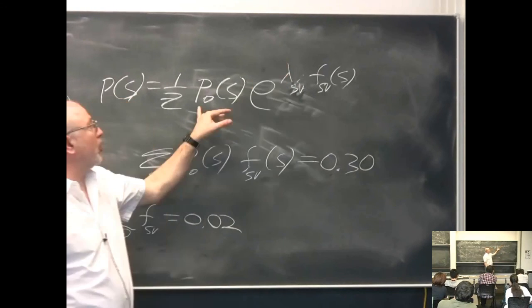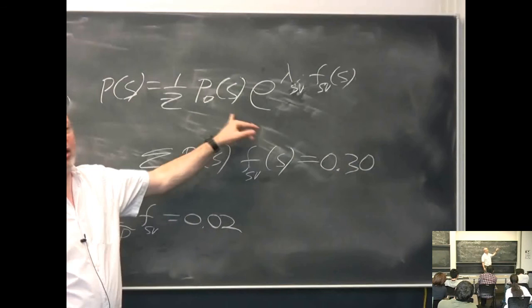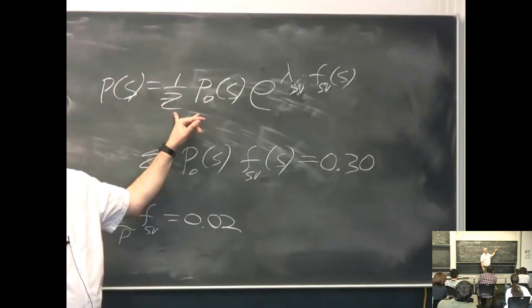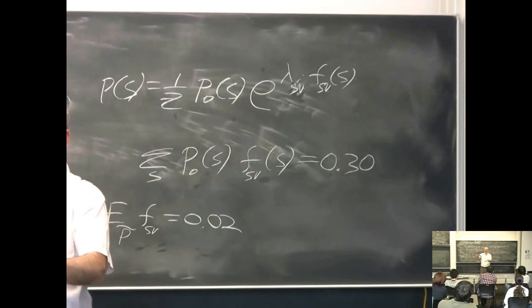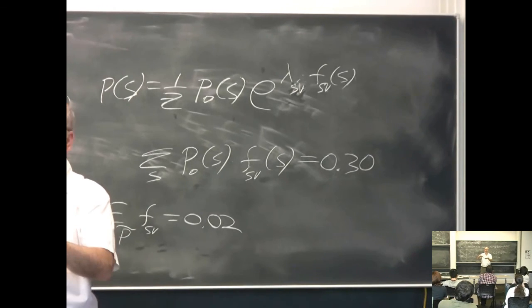It would seem like you're not changing the value, but you're actually changing it because the normalizing constant would be different. So you've created a bump over the model. You've created a distinction between sentences that violate and sentences that don't violate. And that distinction is as large as it needs to be to push the total mass of those that violate down to where it needs to be.